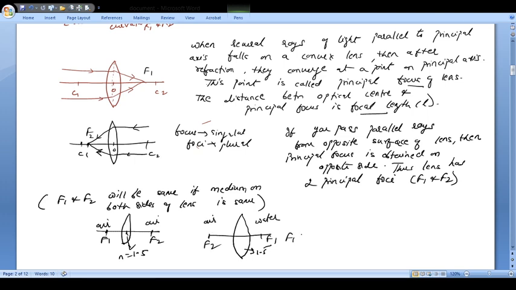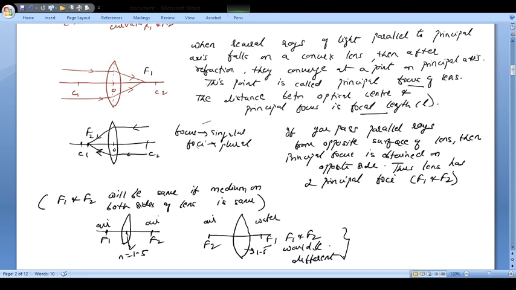But for us, the distance from the optical center of f1 and f2 is going to be the same because we are not changing the medium. I hope this part is also clear to you. This is something which is not given, so no need to note it down, but you can just understand it.